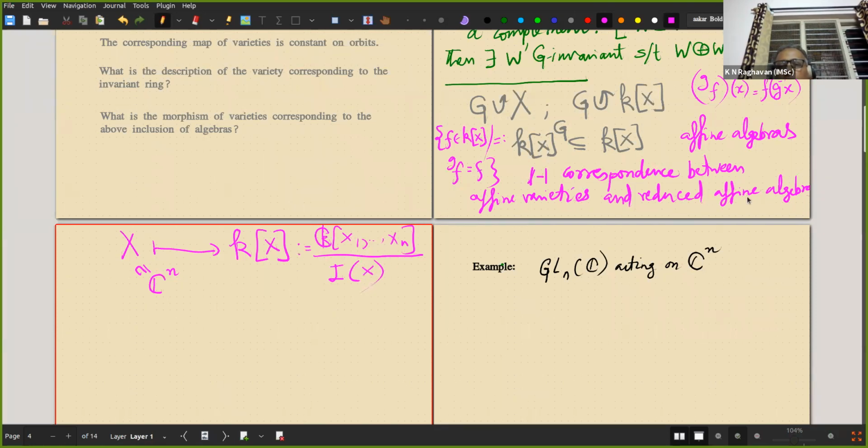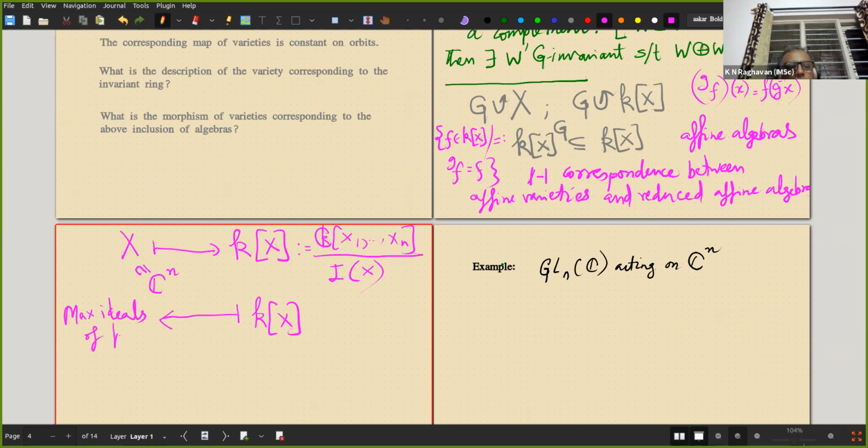So this is a reduced affine algebra. In the reverse direction, what do I take? In terms of the underlying set, you can take the max spectrum, the set of maximal ideals of K[X].